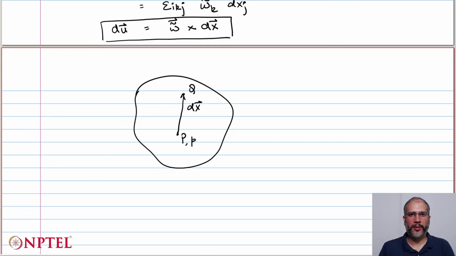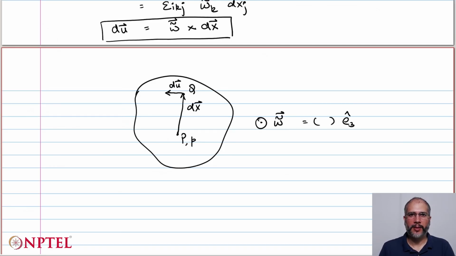So omega cross dX, so I'll say omega is some constant times E3 hat in this case. So omega cross dX is a vector which is perpendicular to this vector, and this is our du.